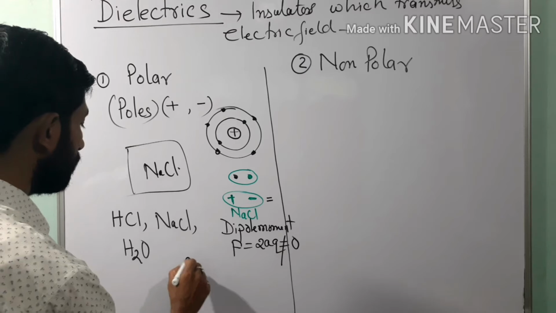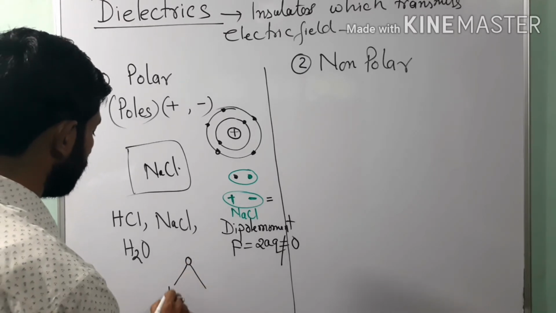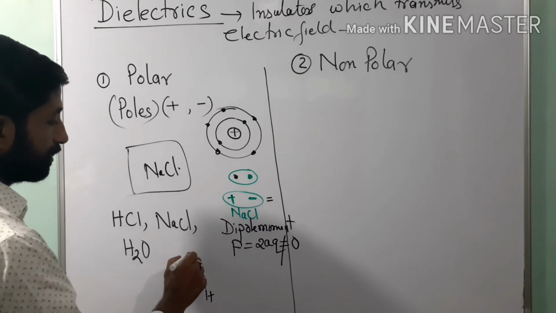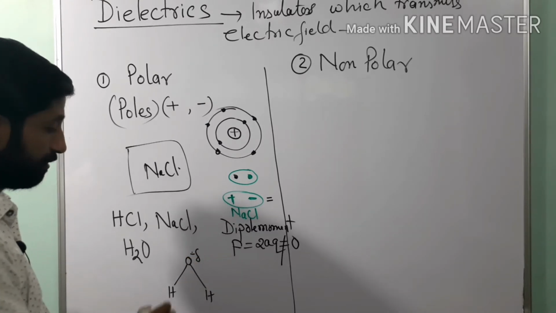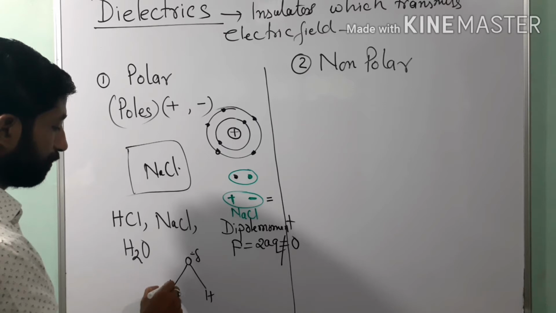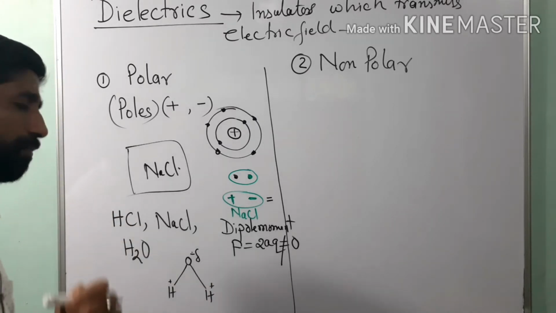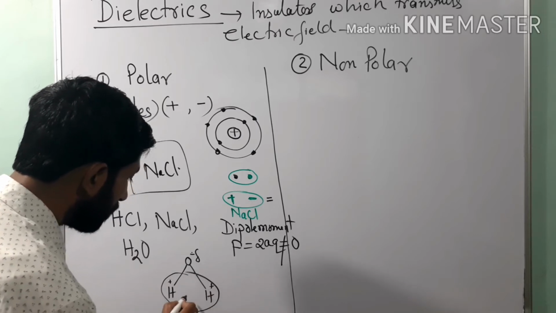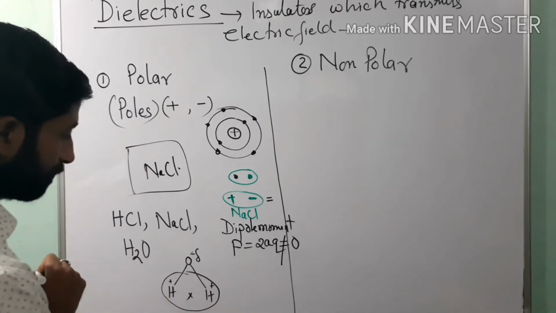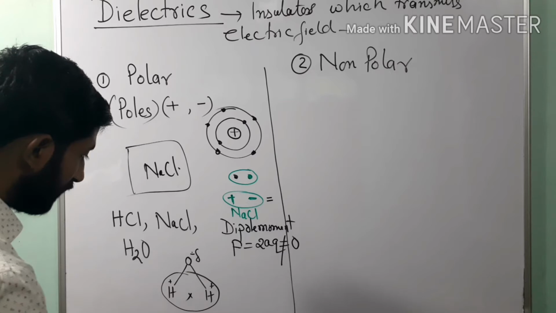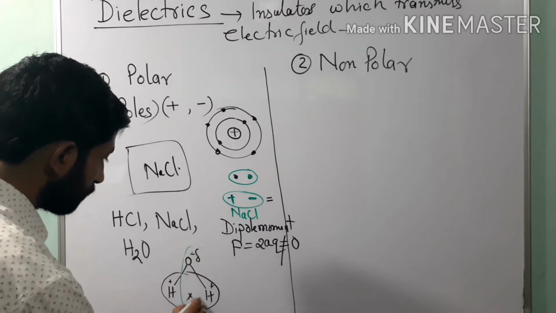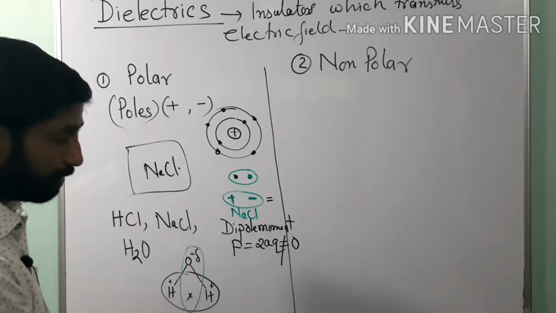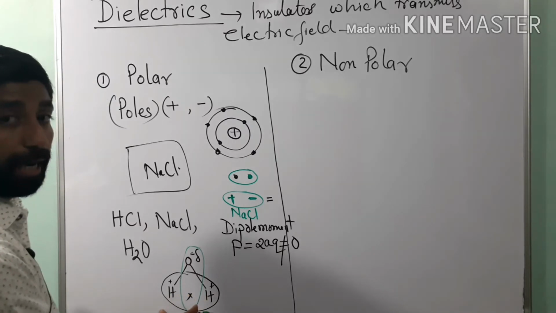Remember, H2O is a polar molecule. How? This is the O atom and this is the H atom, right? So this has got a little more negative charge, and this has some positiveness, a partially positive charge. So the center of these positive charges is somewhere here, and they finally constitute a dipole, that is, this is the center of positive charge of the two H atoms.